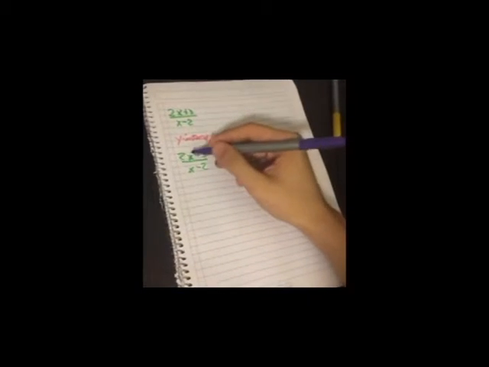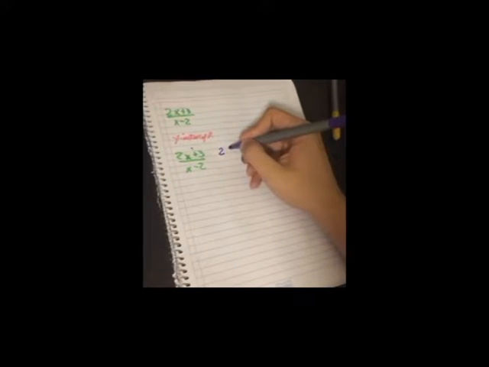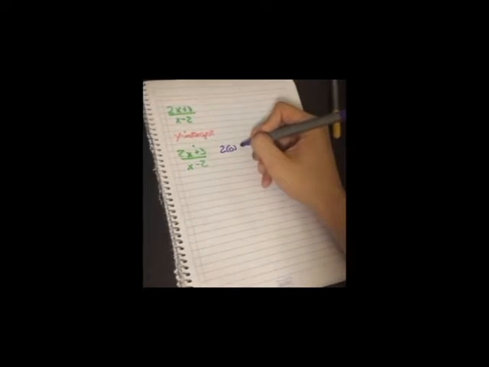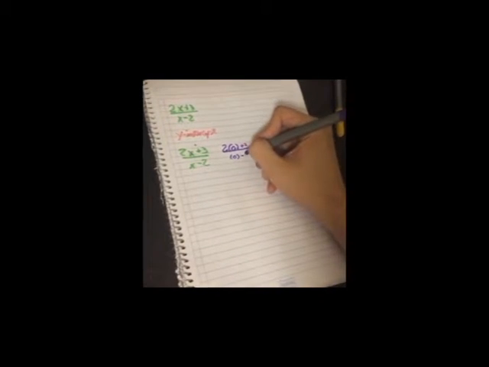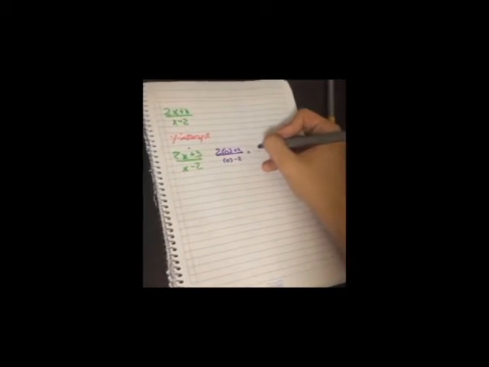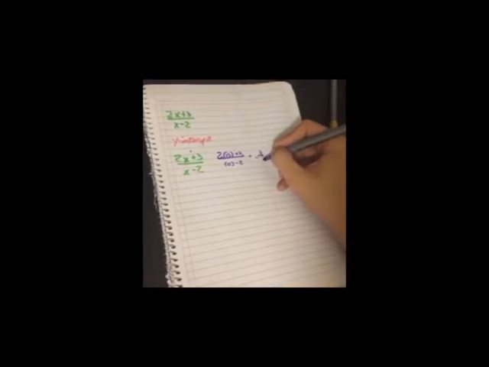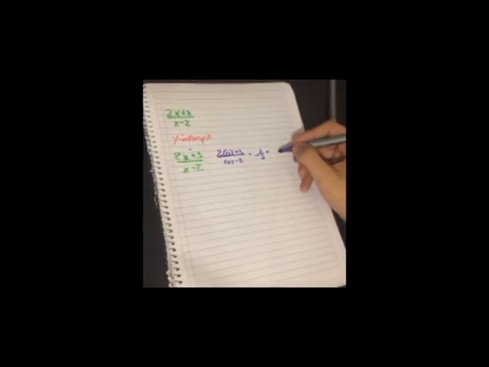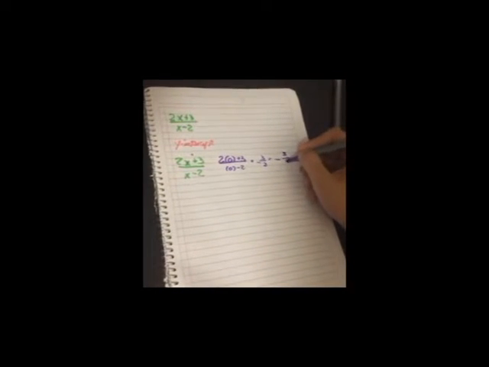We just substitute x to 0 and we make 2 times 0 in a parentheses plus 3 over 0 minus 2, and we just solve it. 2 times 0 equals 0 plus 3 equals 3. 0 minus 2 equals negative 2. And with this, we just get the y-intercept. It's easy. It's negative 3 halves.